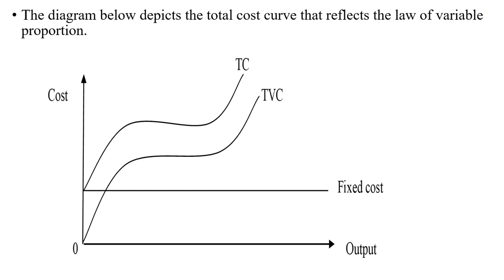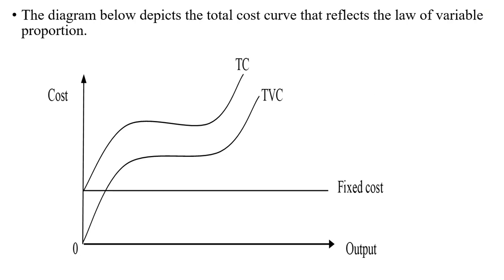Initially, you can see that if you draw the line from the origin to touch any point on the total cost curve and you find the slopes, the slope will initially be decreasing until they get to their minimum, and after that, they will begin to rise again. So if you plot these slopes at the various points on a graph, you will realize that the average cost curve is U-shaped.